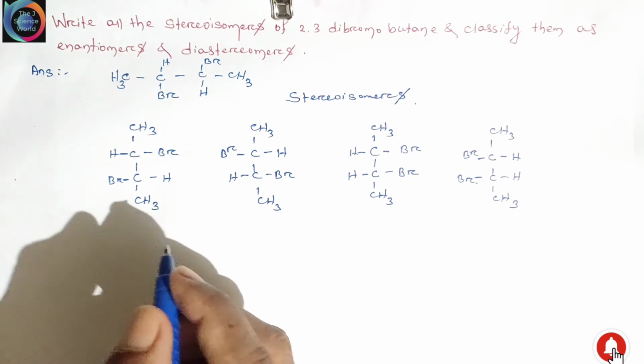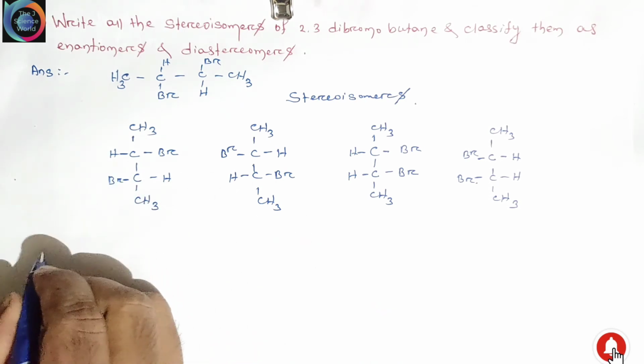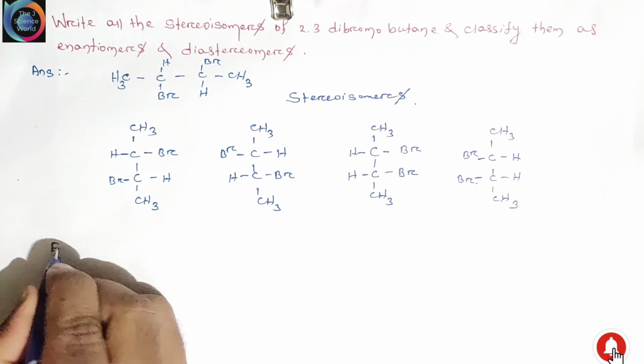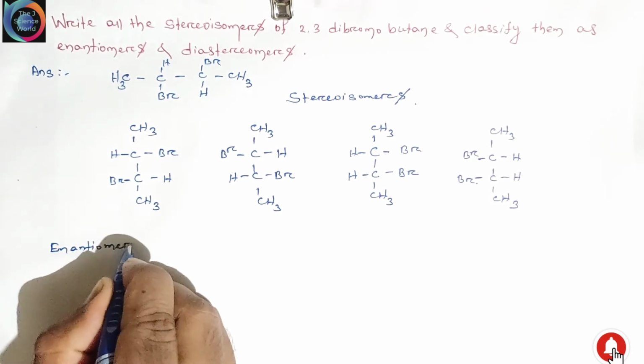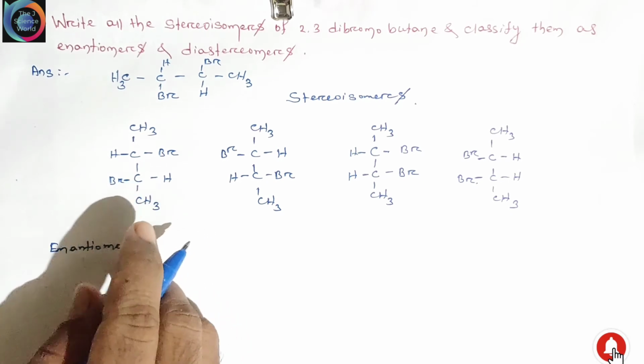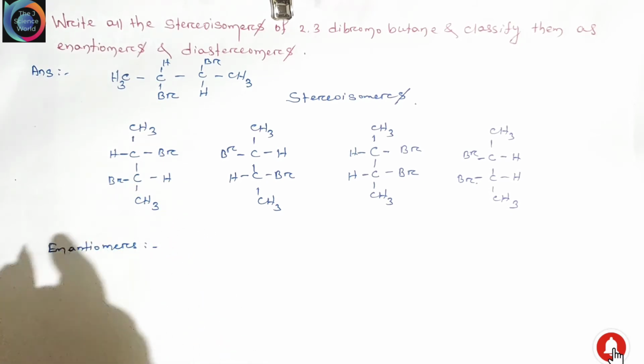Non-superimposable mirror image isomers are called enantiomers. And non-enantiomeric stereoisomers are called diastereomers.